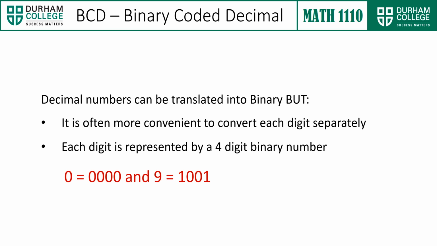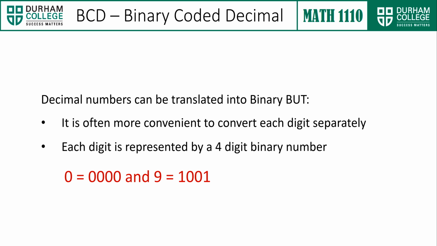So a 0 is represented by 4 zeros. Basically just one 0 is also enough to represent 0, but to represent all the numbers from 0 to 9, we definitely need at least 4 bits, right? In number 9, which is the maximum number in the decimal system, to represent 9 in binary, we need the first and the fourth bit to be on.